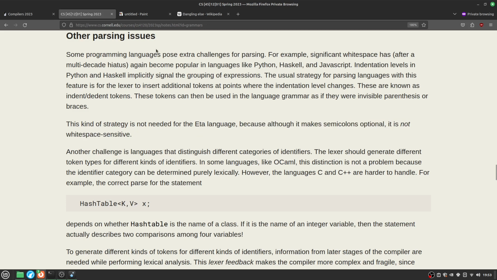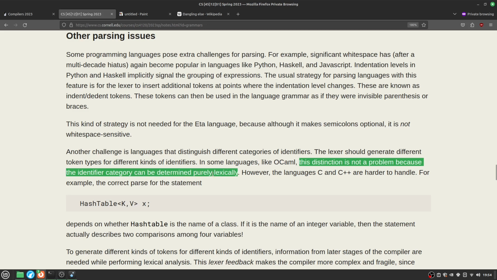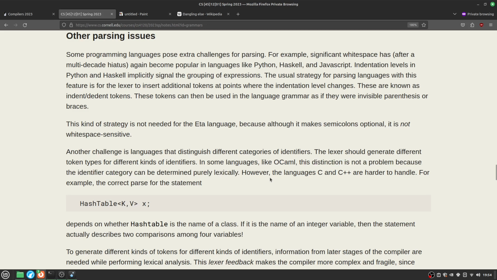Another challenge is languages that distinguish different categories of identifiers. The lexer should generate different token types for different kinds of identifiers. In some languages, like OCaml, this distinction is not a problem because the identifier category can be determined purely lexically. However, languages like C and C++ are harder to handle.